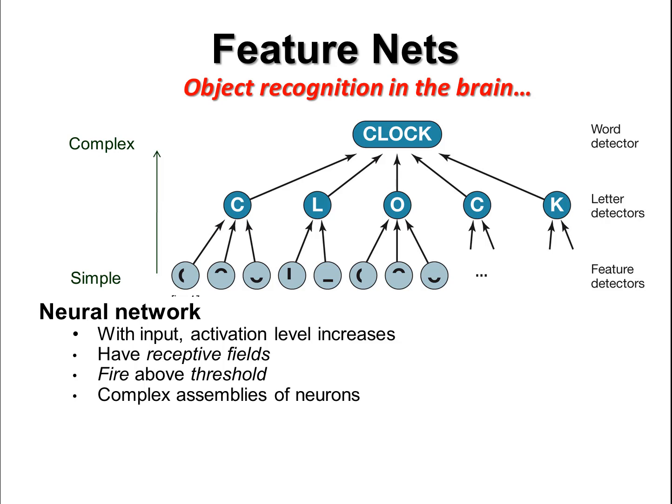And this feature detector will fire above threshold when this particular stimulus is in its receptive field and when its input is enough to give it the response threshold. This response is then transmitted to the next layer, and the next layer then collects these inputs, integrates them, and fires above threshold whenever it gets its full recognizable form. So the letter detectors need to see the whole letter, and then the word detectors need to get the whole word for them to be activated.